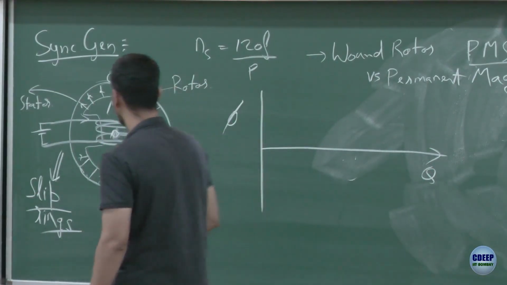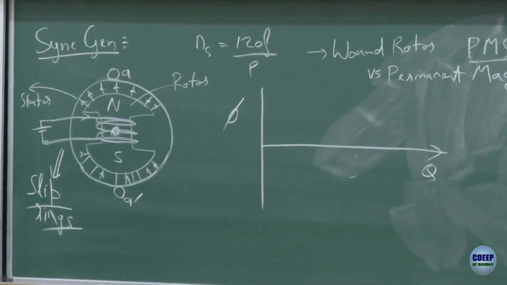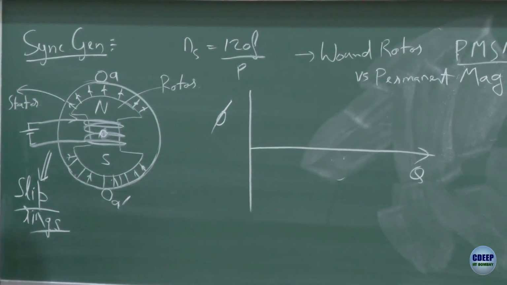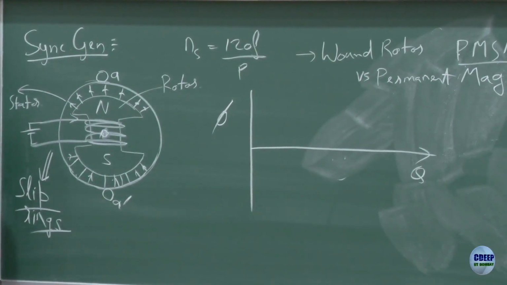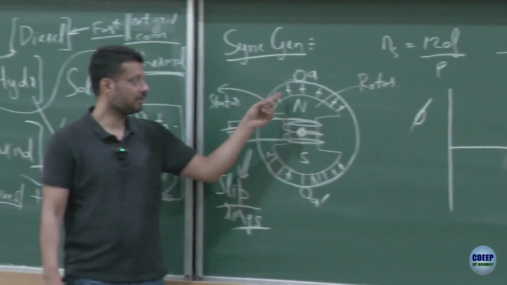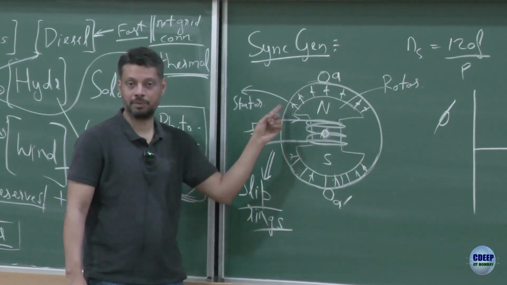So if I plot the flux linking the turn in this case, right? And if I assume this is theta equal to 0 position, the flux linking is 0. As the rotor rotates in this direction, the flux linking the turn will increase. Now if you see the way I have drawn it, you remember when we were learning DC machine, it had a lot of relevance of how this shape is.